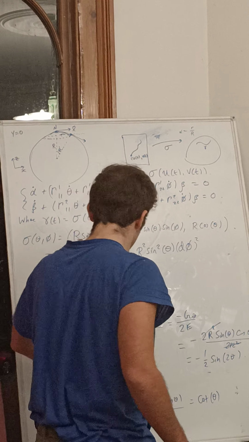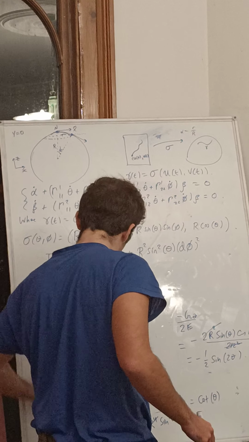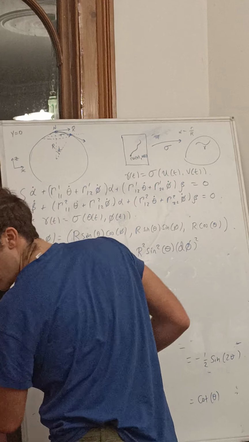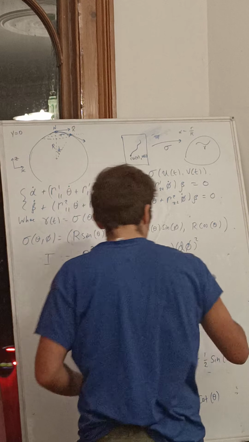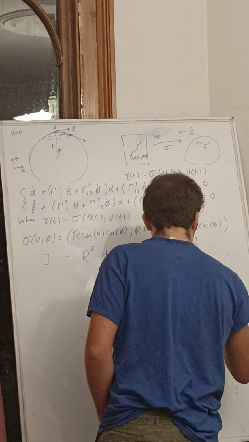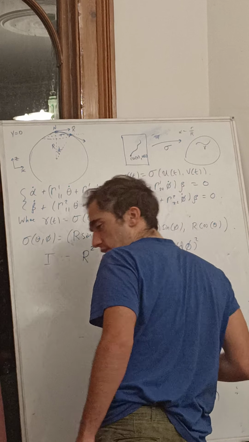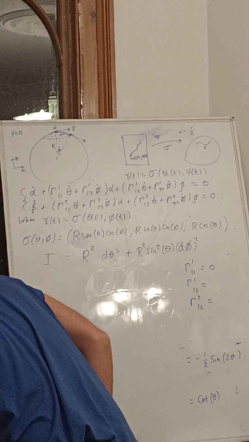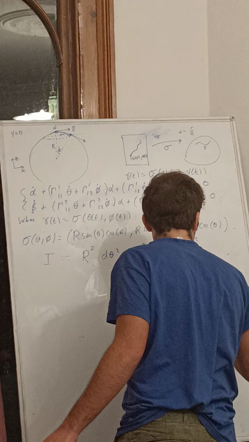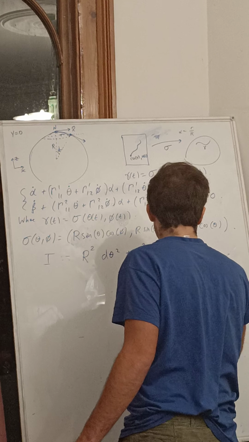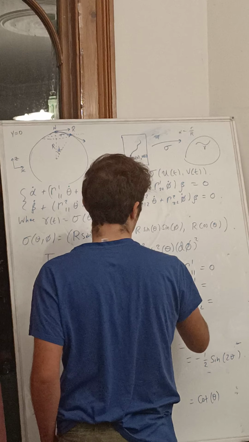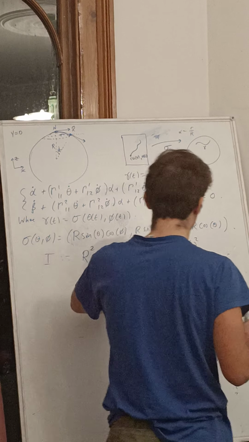So let me summarize our findings. We found that gamma 1, 2, 2 is non-zero, so everything else is 0.